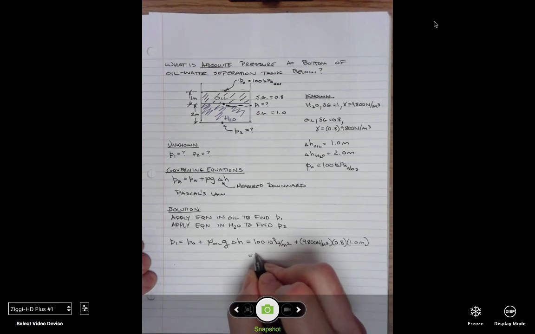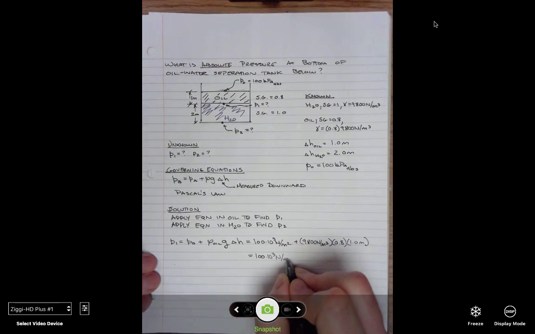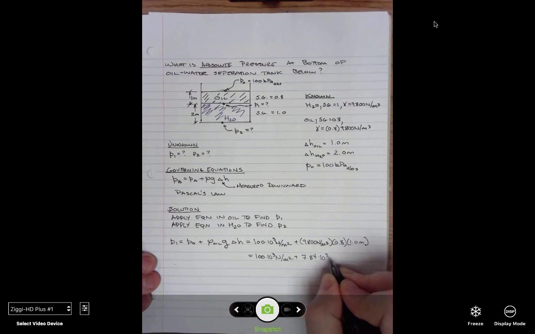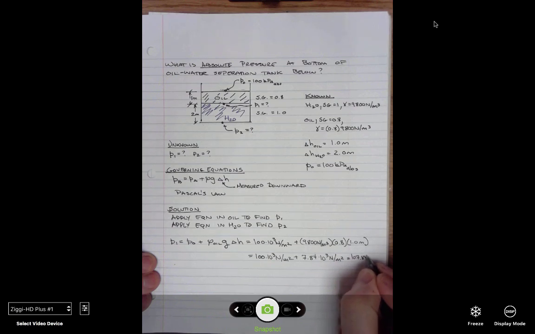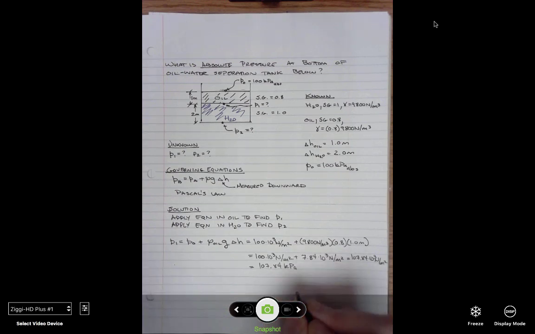This equals 100 times 10 to the 3 newtons per meter squared plus 7.84 times 10 to the 3 newtons per meter squared, which is 107.84 times 10 to the 3 newtons per meter squared, which is 107.84 kilopascals.